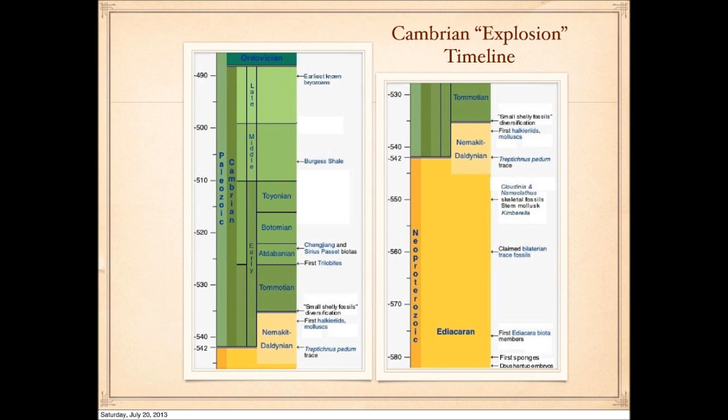The Cambrian itself, if you just look at only the Cambrian and ignore the late Precambrian record, goes from about 535 million years to 490 million years. 50 million years or so for just one period, just the Cambrian itself, is almost as long as the time since the extinction of the dinosaurs. So we're talking about very, very long periods of time.